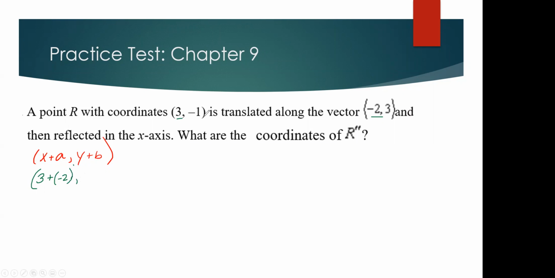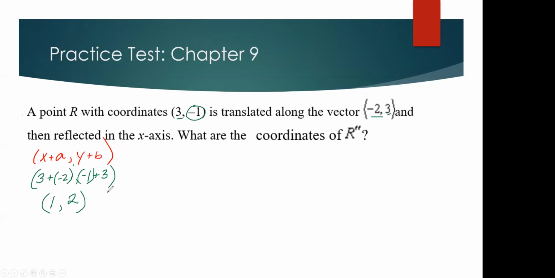And then the y value is -1, plus B from the vector, which is 3. So 3 plus -2 would be +1, and then -1 plus 3 would be +2.